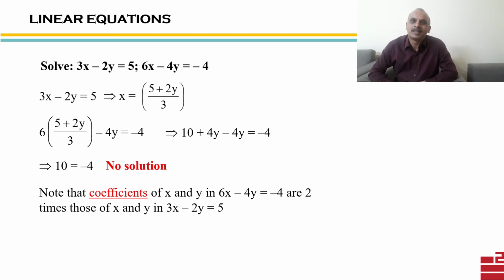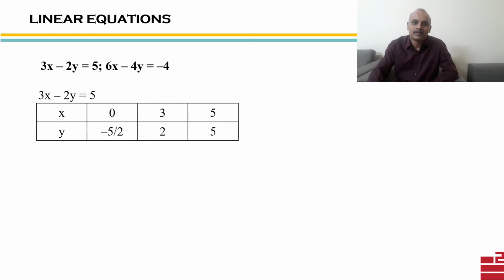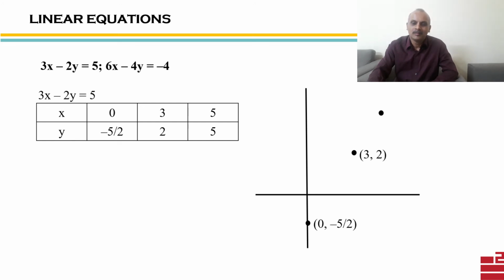So when we have this situation that in one equation the coefficients of x and y are multiples of those in the other equation, but the constant number is not the same multiple of that in the other equation, in this case the system of equations has no solution. Let us draw the graph. When we draw the graph of both of these straight lines, we realize that these two become parallel lines.